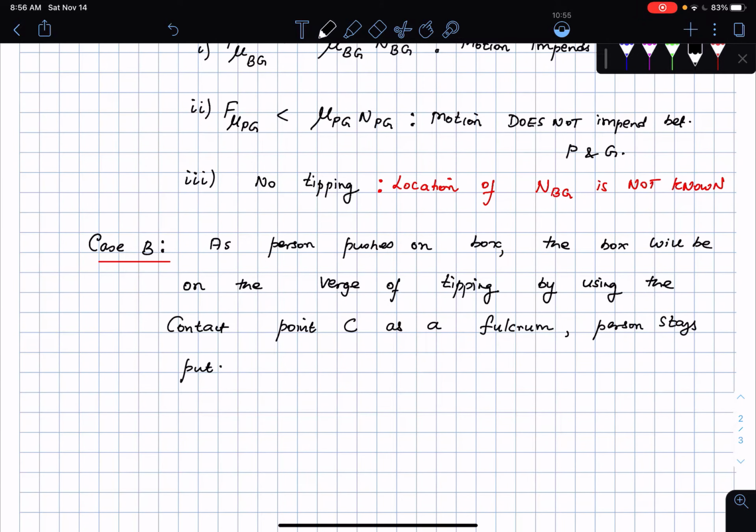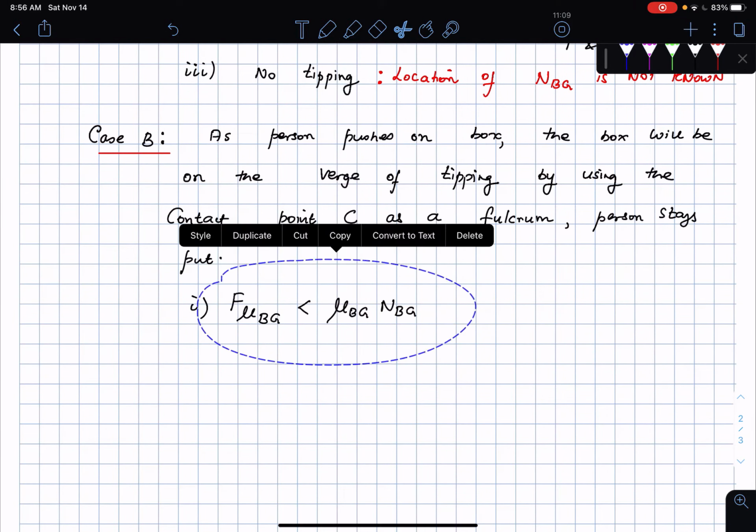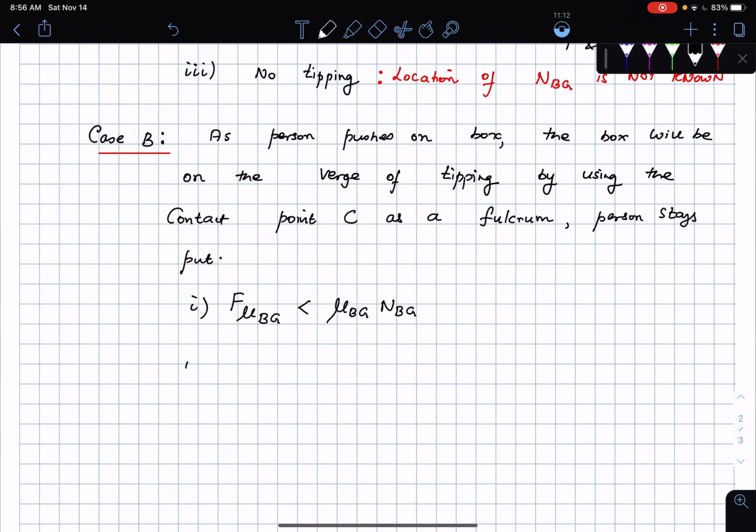But if there is tipping motion, here is what is going to happen. The equations that will be satisfied are the following. See, there is no motion impending, so this will not be impending. Okay, that's the first thing. The second thing is there is no motion impending between the person and the ground; the friction should be less than mu person g times npg.